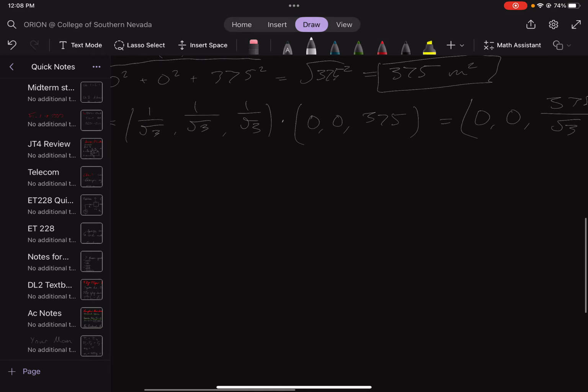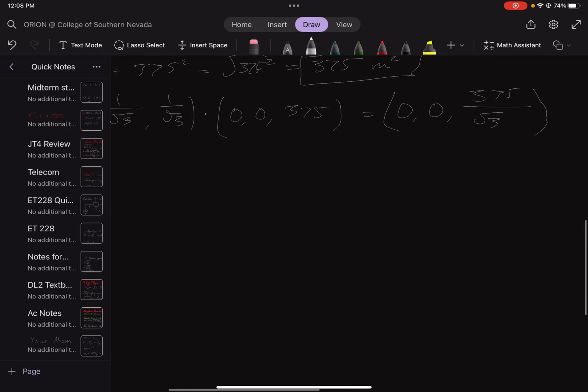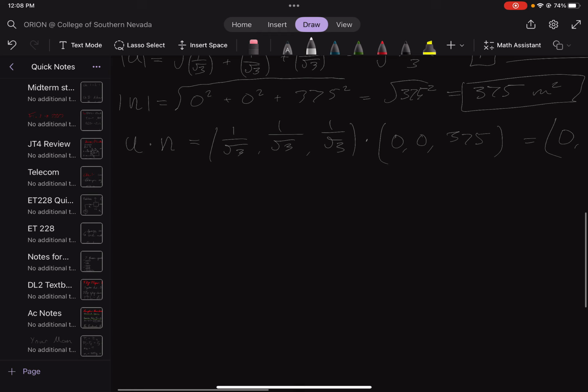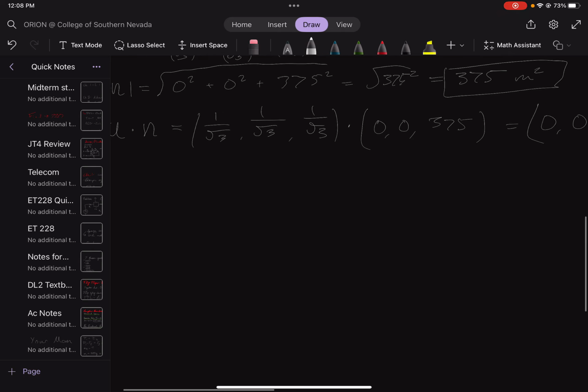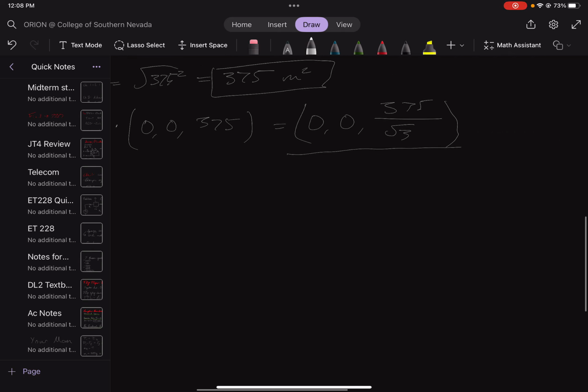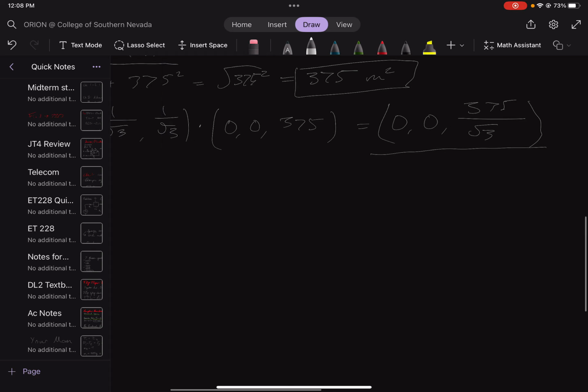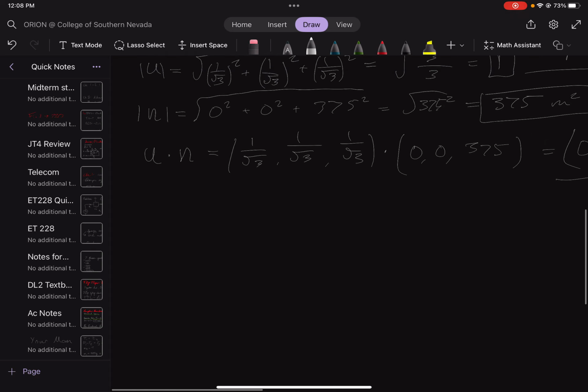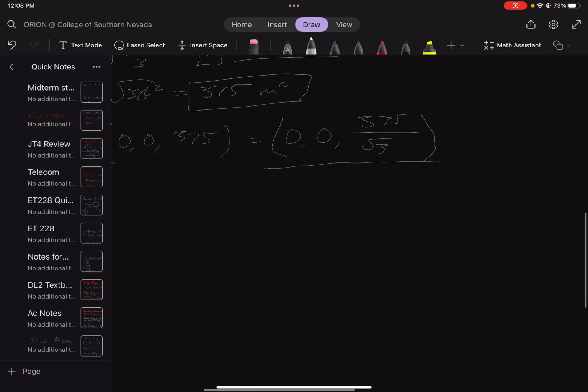So there's the top of our formula, and then we have the bottom. So we go ahead and divide that all by 1 times 375.